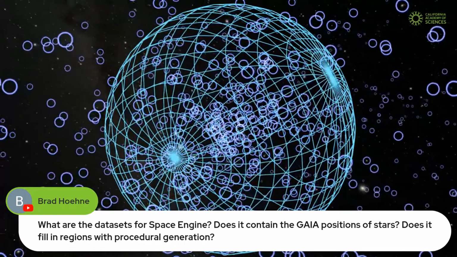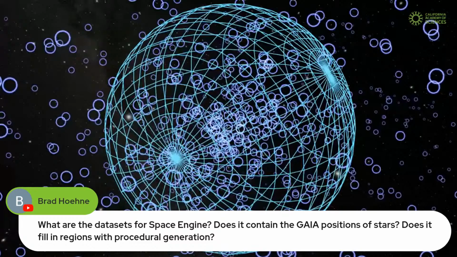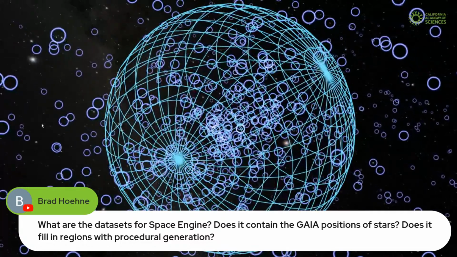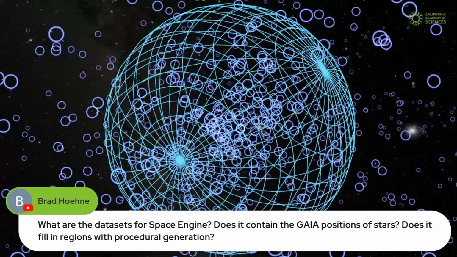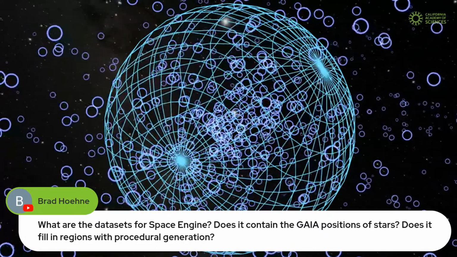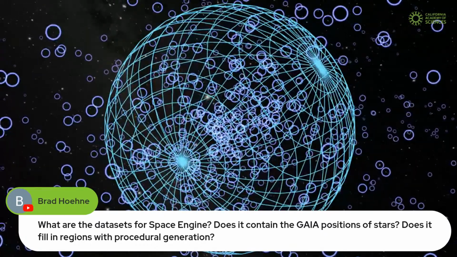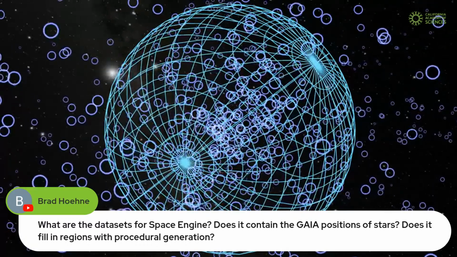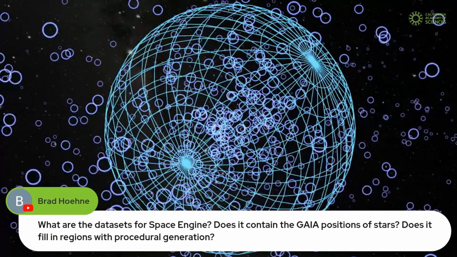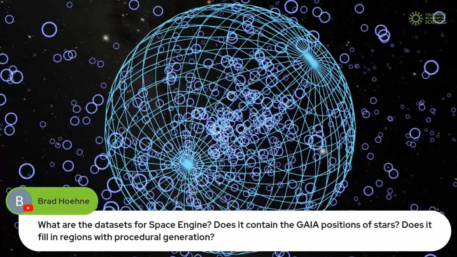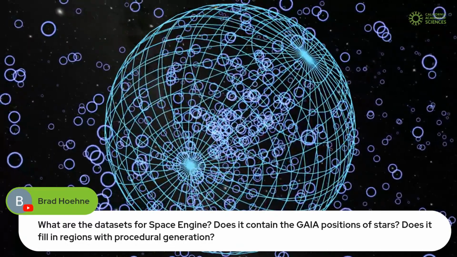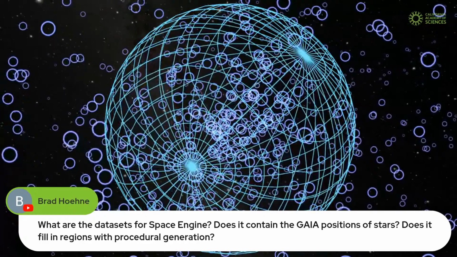It's not what we're using right now; instead we're using an older catalog that's good enough for this application. Plus, Gaia has a lot of data, so it's a little heavy for the software to run. The second part of the question is whether we fill in regions with procedural generation or other ways of filling in gaps. We don't tend to do that.